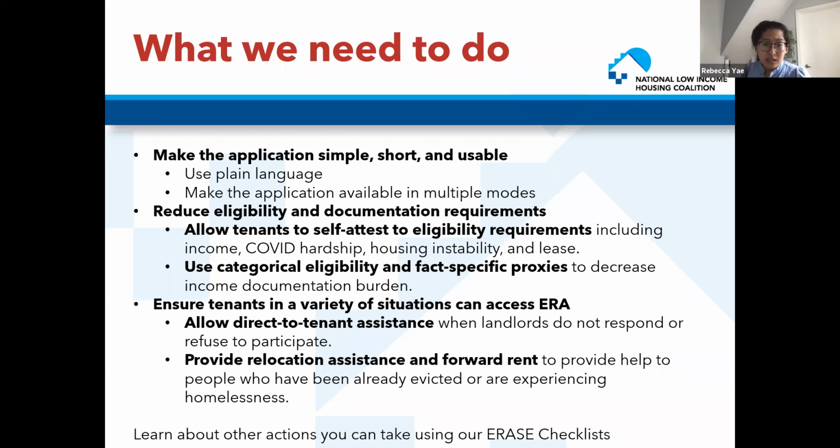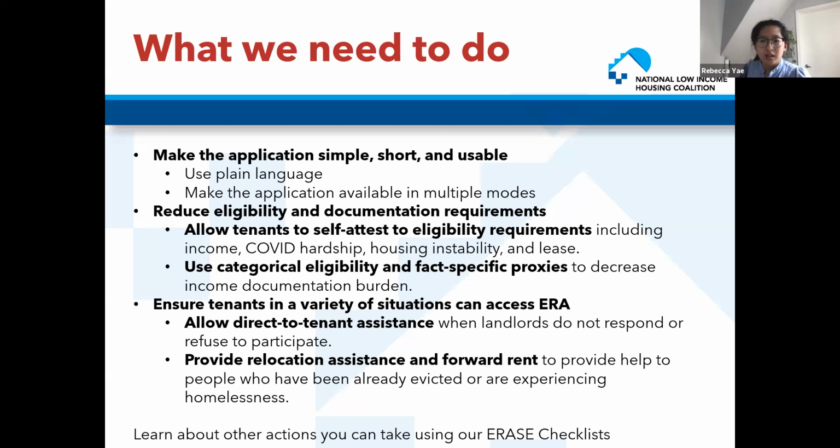Programs also really need to reduce the documentation burden and only ask for the bare minimum. So to spell that out, sticking to only asking for eligibility around COVID hardship, risk of housing instability or homelessness, income, and lease.